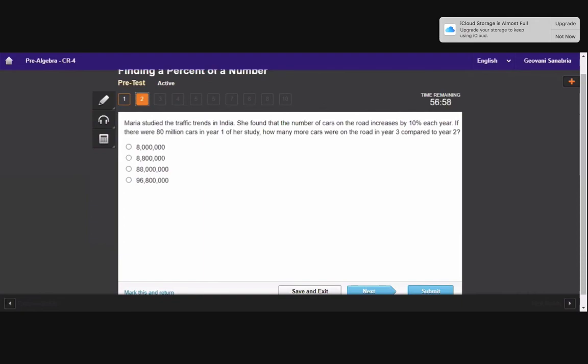If there were 80 million cars in year 1 of our study, how many more cars were on the road in year 3 than year 2? All right, let me share.